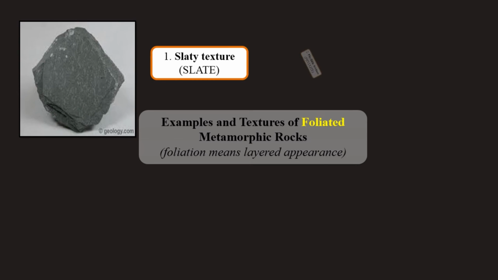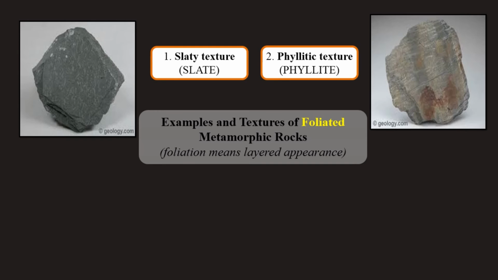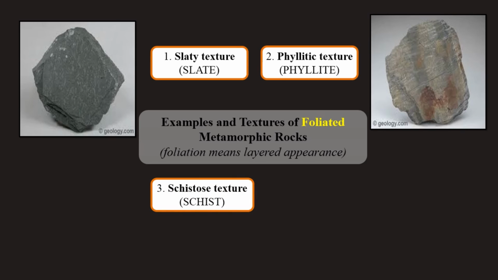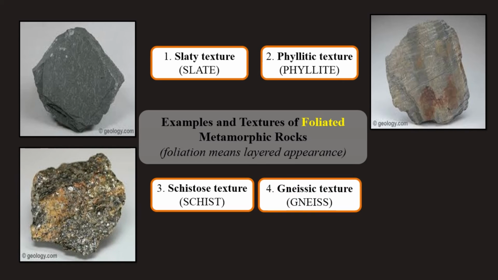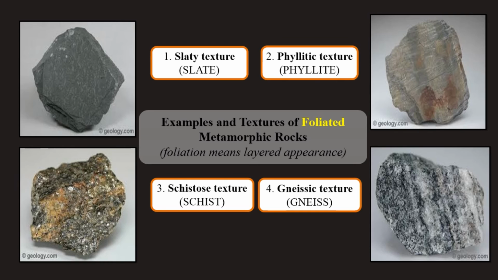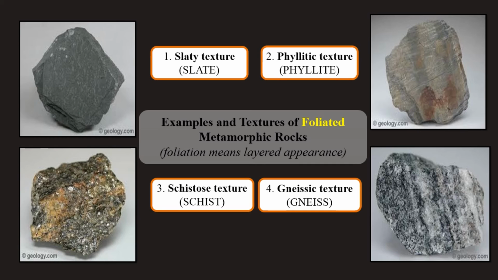It may also exhibit a phyllitic texture, which we can see in a phyllite. It may also exhibit a schistose texture, which we may see in a schist. And lastly, it may also exhibit a gneissic texture that we can see in a gneiss. So again, these are the common textures and examples of foliated metamorphic rocks.